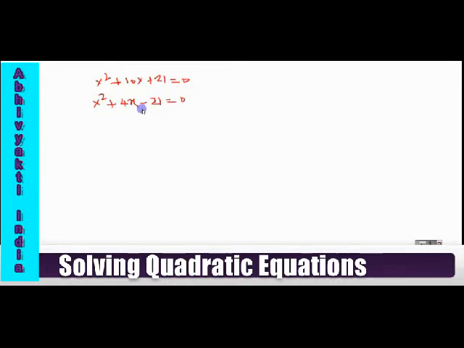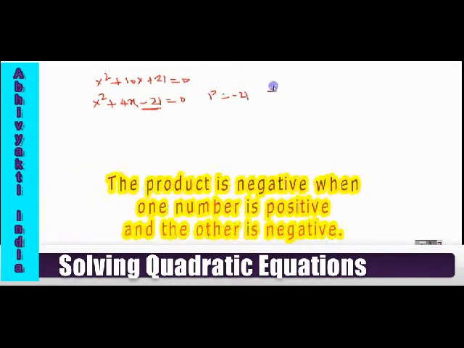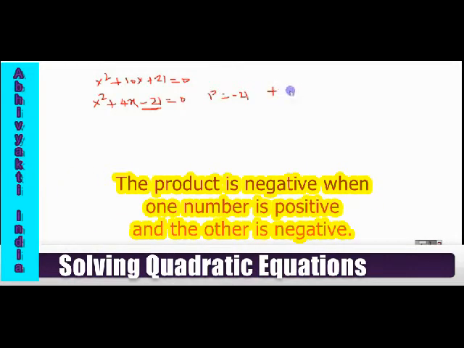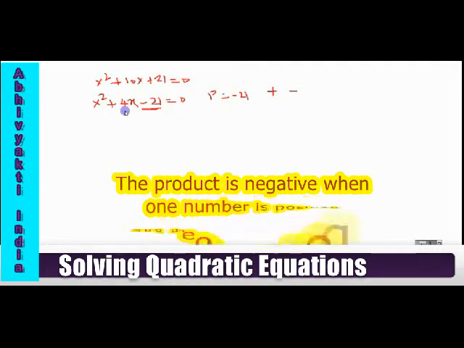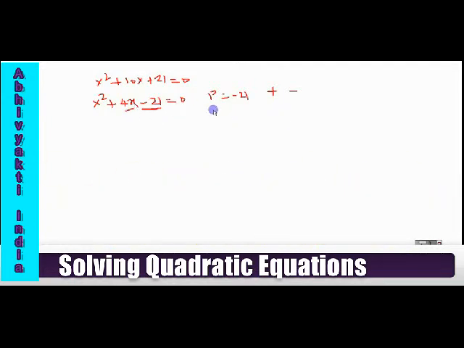In this question, the product we require is minus 21. The product will be negative when one number has a positive sign and one number has a negative sign, and the sum required is 4.